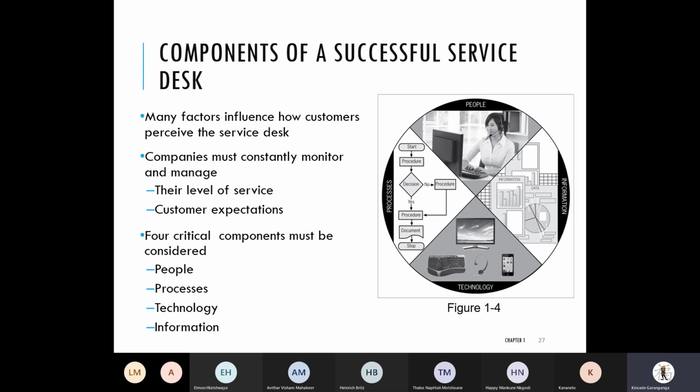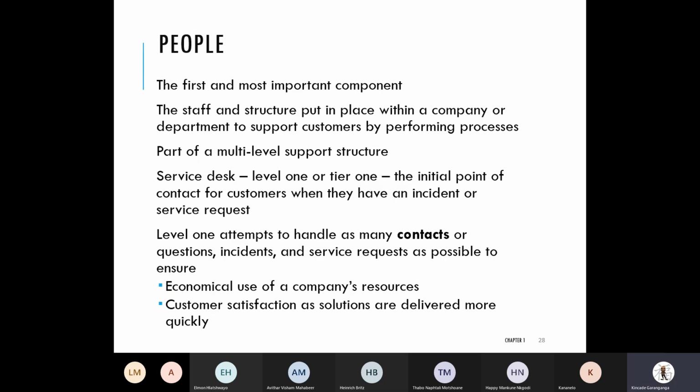Ultimately, when you're looking at your people component, why it's most important is because more often than not, that's the first point of contact when it comes to your service desk environments.